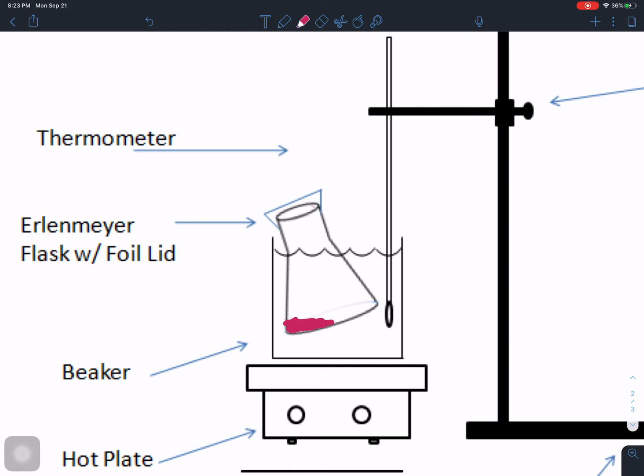As the liquid heats up, it will begin to boil and vaporize, and it will begin to fill the flask with the liquid in the gas form, same substance. And what it will do is displace the air, and the air will come out, and then eventually the excess gas will begin coming out of the pinhole in the lid.